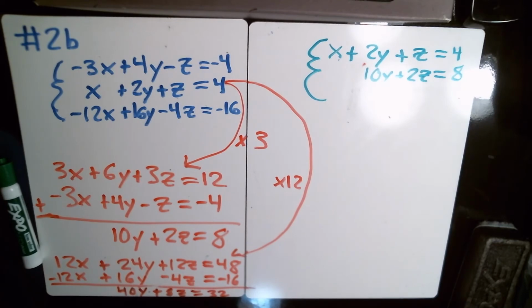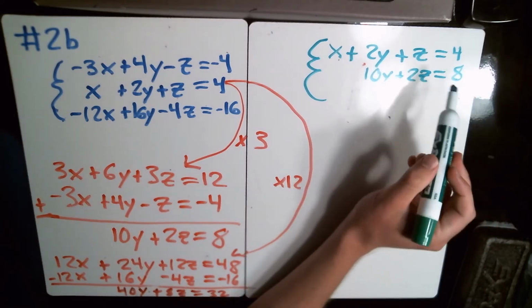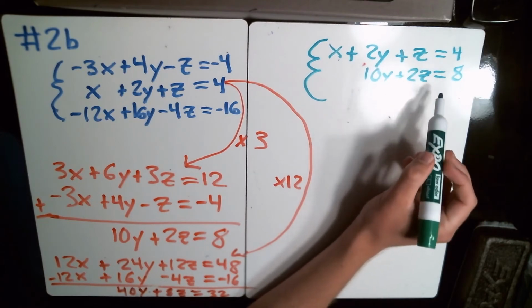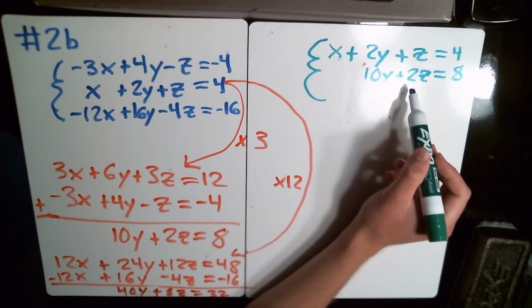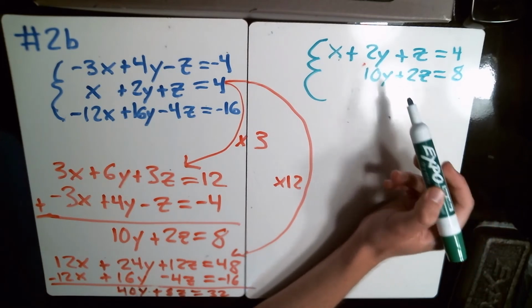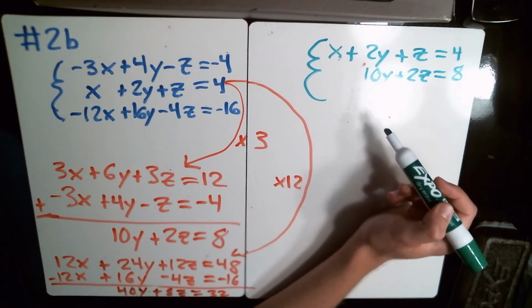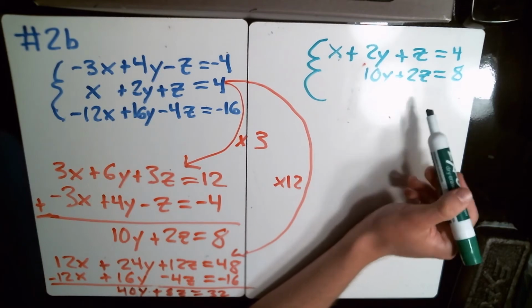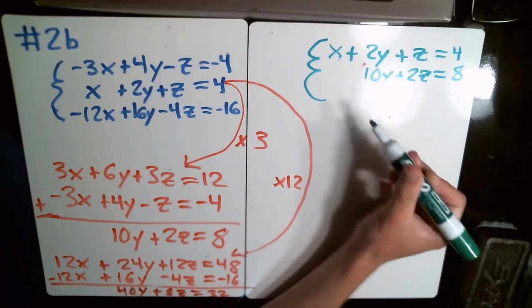And so what we want to do here is write the variables in terms of z. Okay, so I'm going to solve for x and y in terms of z, so that I can write my general solution, because there will be infinitely many solutions to this.